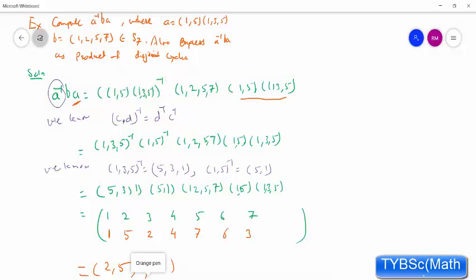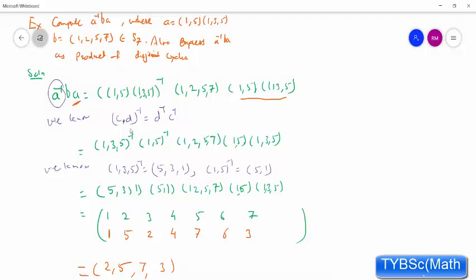We know the property of the product of two permutations: C into D, if you take the inverse, its inverse is D inverse C inverse. We can generalize this: C D E, a product of three permutations or three cycles, then the inverse of C D E means E inverse, D inverse, C inverse, like this.